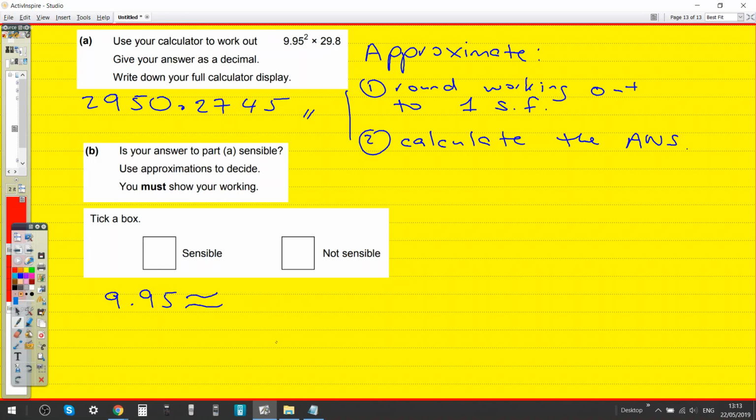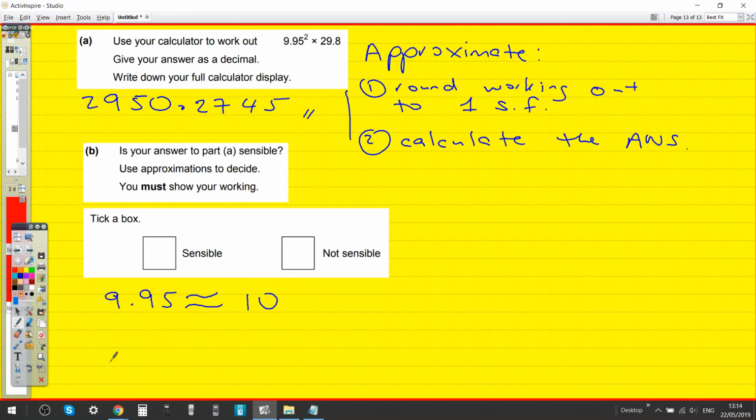Even simpler than that. Is it just one? 9.95 is far away from one. Do you have the right idea? So it's just 10. Yep. So that's 10. That's got one number that isn't 0, so that's approximated.